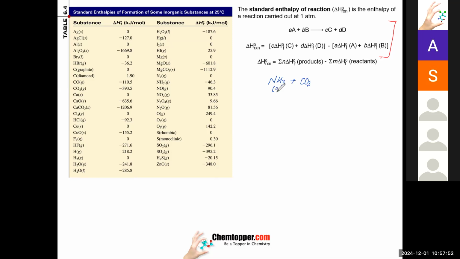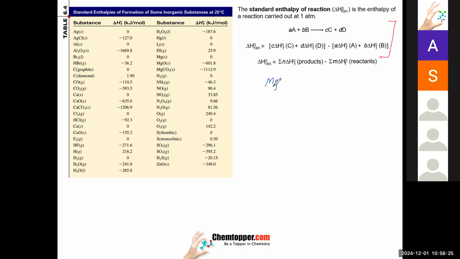This is a gas, this is a gas, and is giving us, one second, I have to check this information. No such information. So I'm giving you another question. Depends on what information is given to you, accordingly I can make a question here.